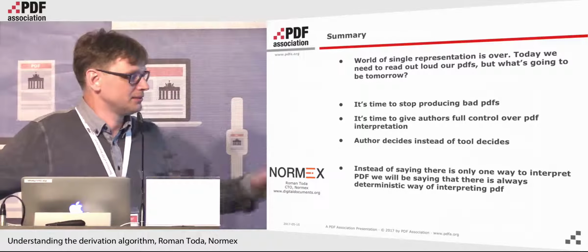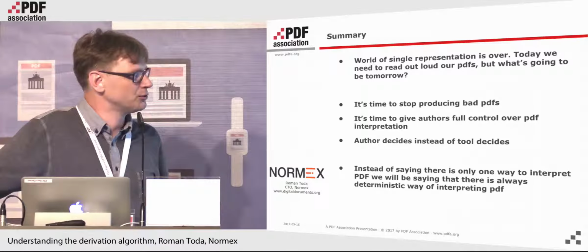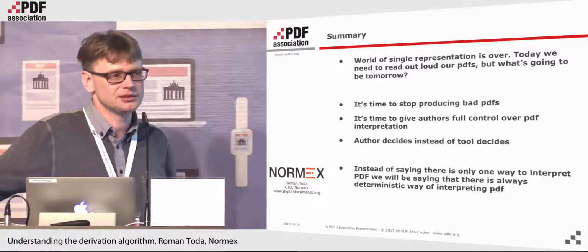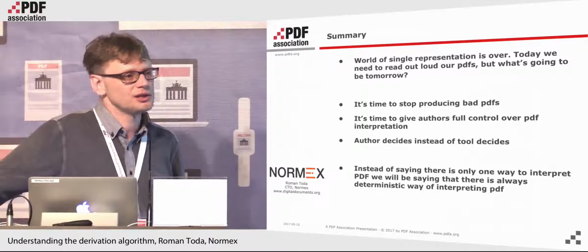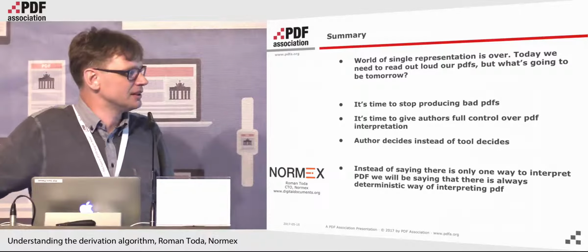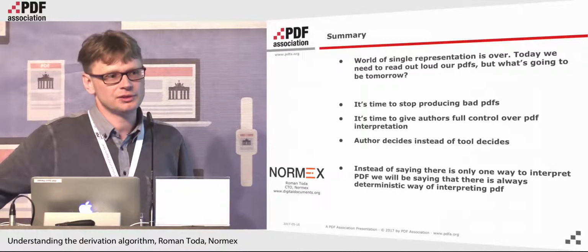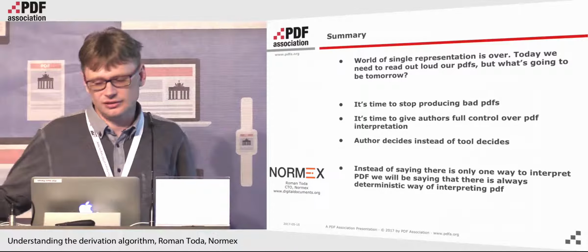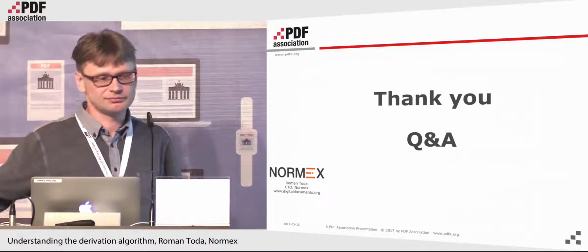And well, the last sentence: instead of saying there is only one way to interpret a PDF, which is something we relied on for so many years, we will simply be saying that there is always a deterministic way of interpreting PDF content in a PDF. And that would be it.